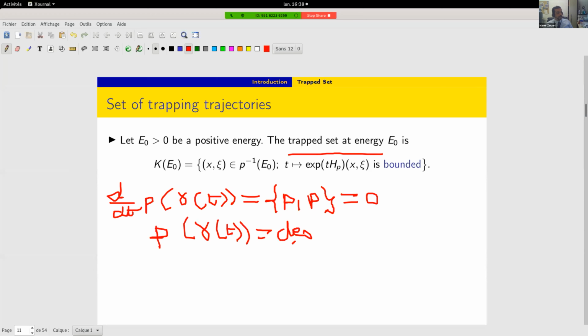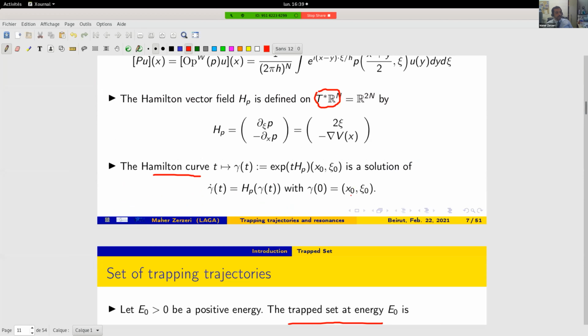So the Hamiltonian curve lives at energy E0 of x0, c0. It's in the energy E0. This is a very important fact. So the energy creates a foliation of the cotangent of Rn.